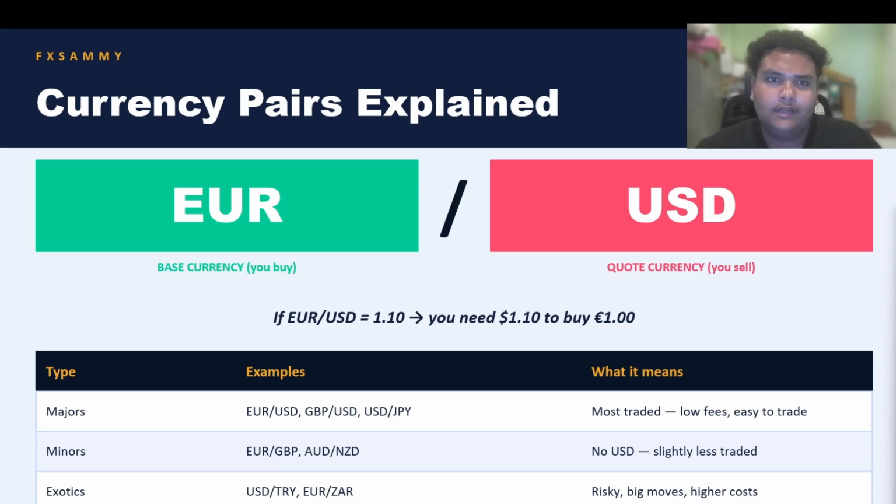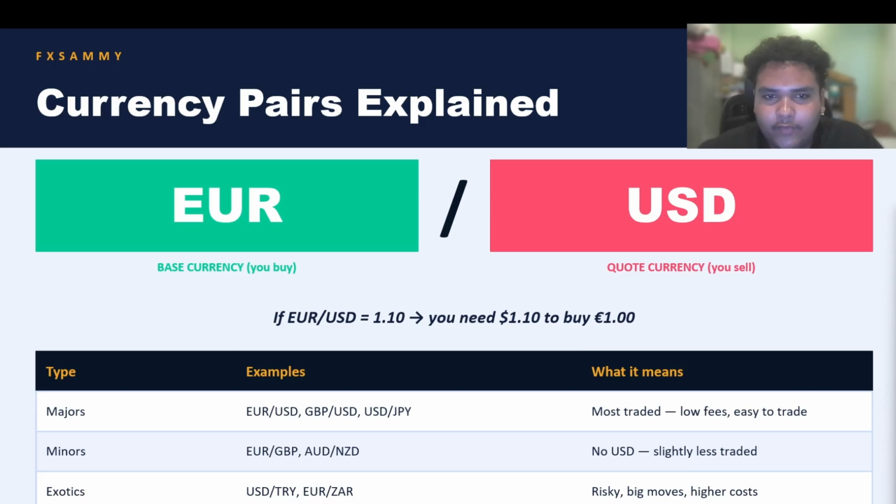So, what are currency pairs? We will understand what currency pairs are. First, euro is the currency of Europe, denoted by EUR, and USD, you already know, is the US dollar, the currency of the United States.